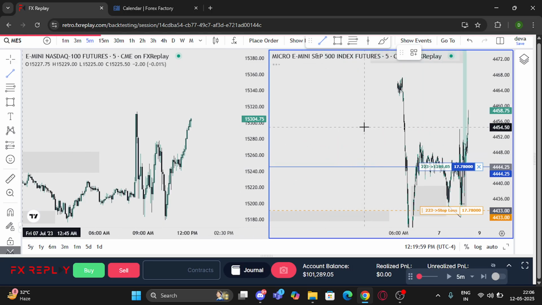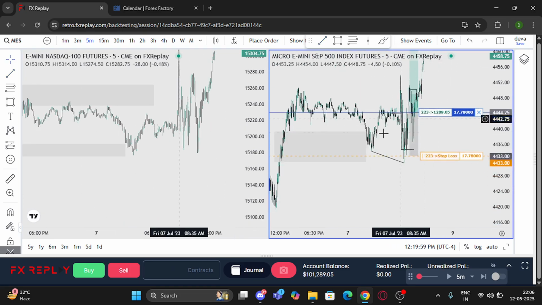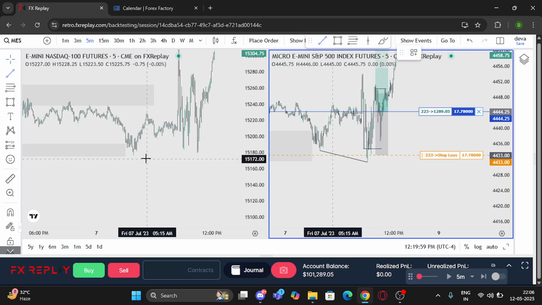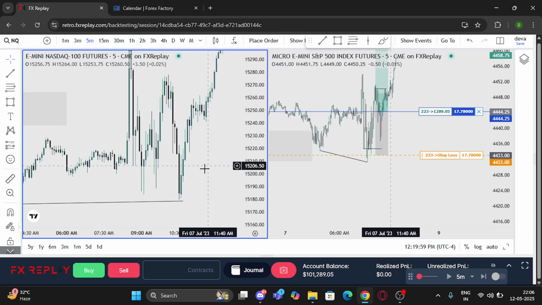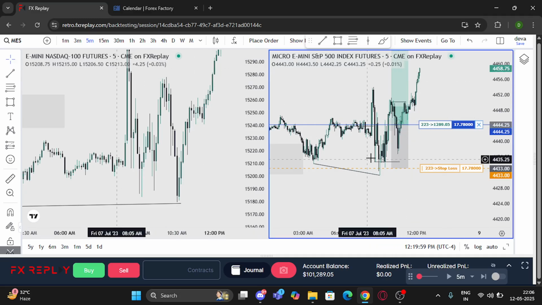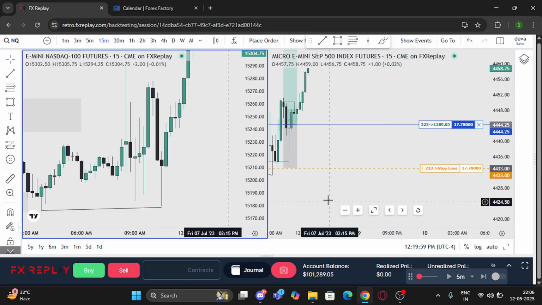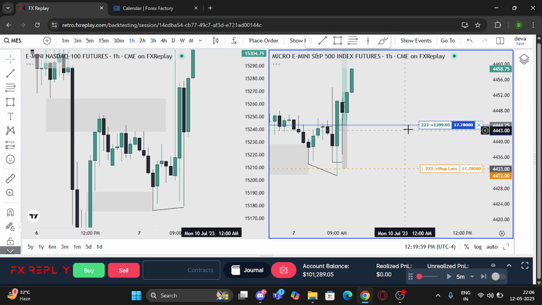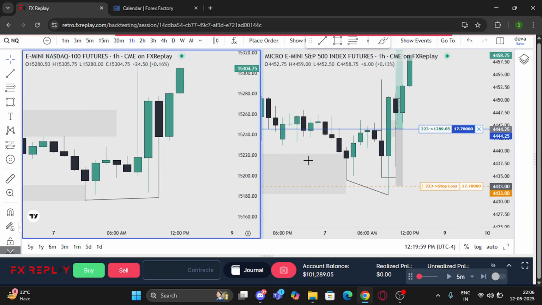We have highs. Of course, the SMT was actually like this. The Nasdaq was way stronger here when we compare to the ES. But ES is actually the strongest here, which I can show you. See, look at these candles.